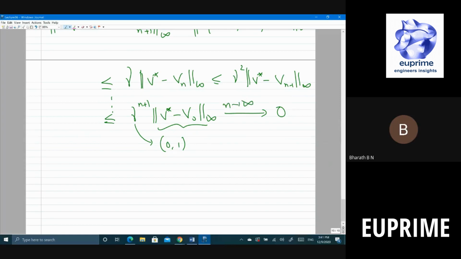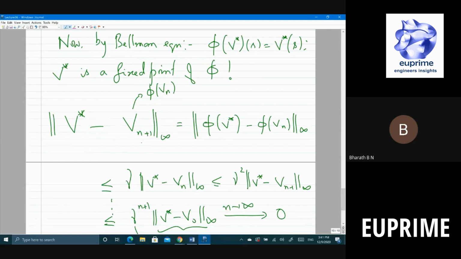Is that fine? That means as n goes to infinity, v star minus vn plus 1, the max component of this difference vector goes to 0. That means every other component should also go to 0. That means in vn plus 1, every component goes to the components of v star, which is the optimal. Is that fine?